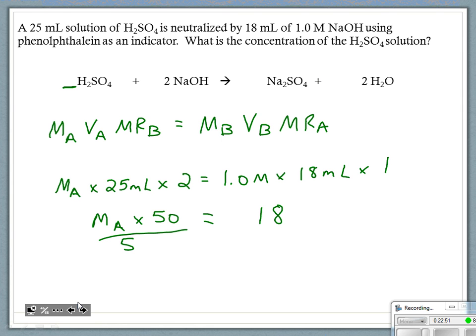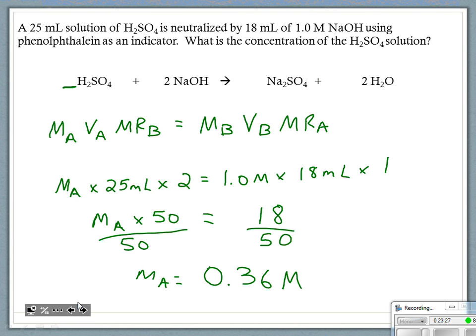So as I go through, I can see this is MA times 50 is equal to 18 divided by 50. So MA is going to be 18 divided by 50, and the label is going to be molarity.